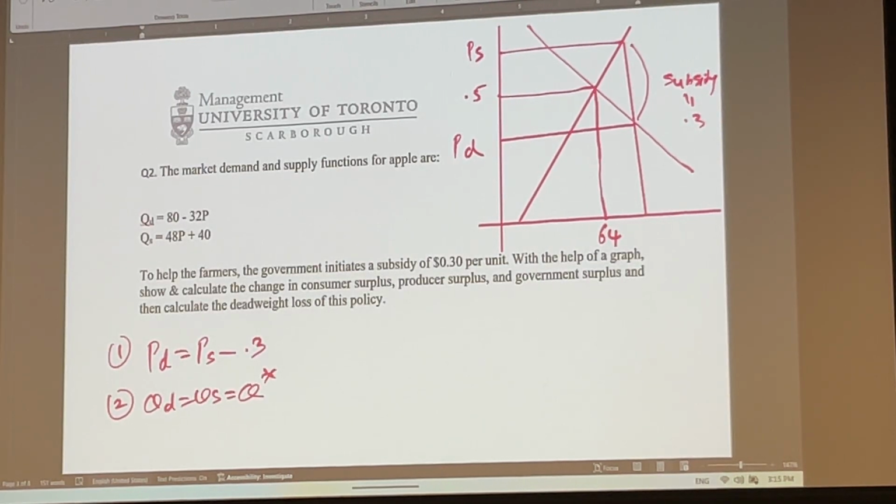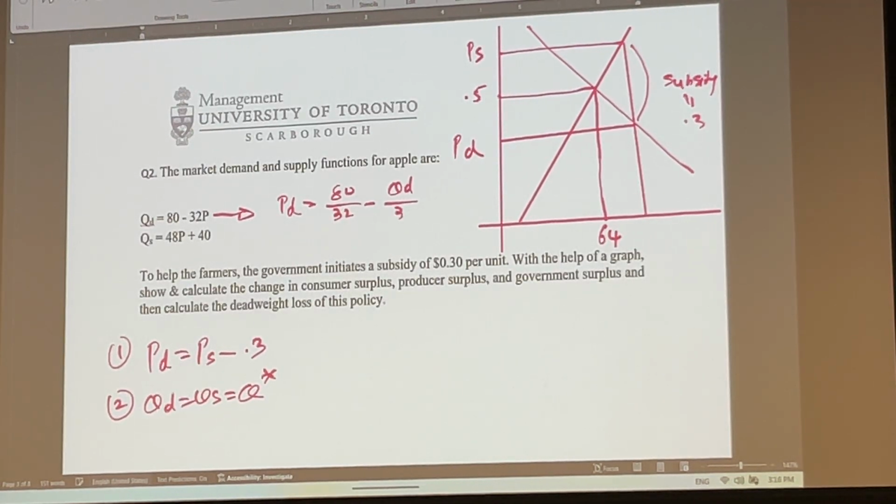So to apply the subsidy, we need the inverse. Let's get the inverse. That's the inverse demand. That's the inverse supply.